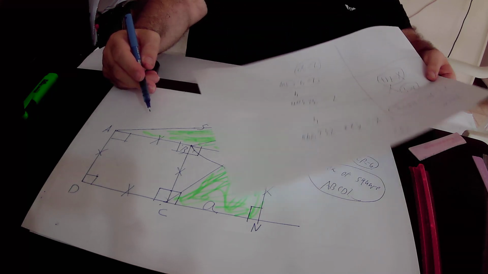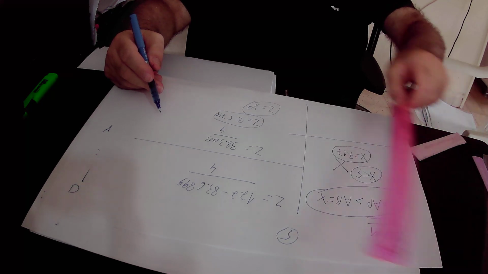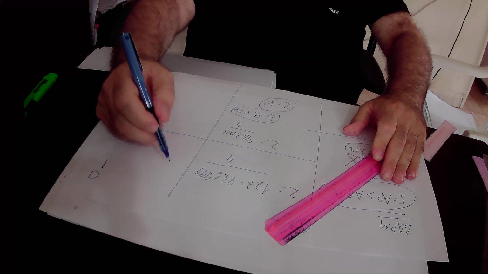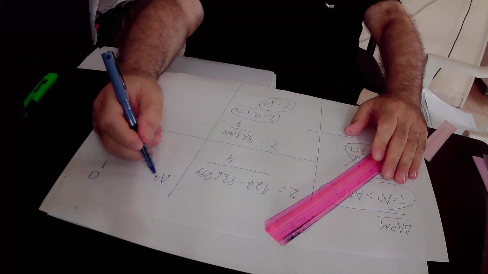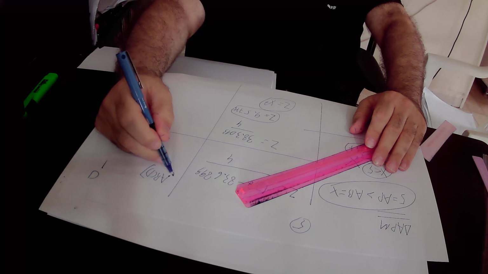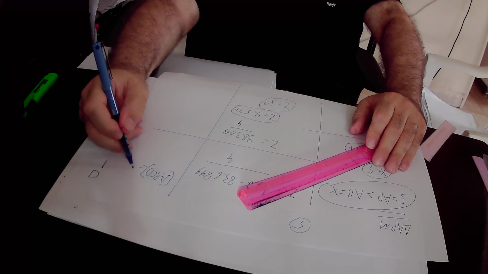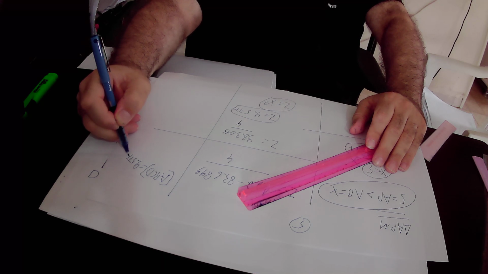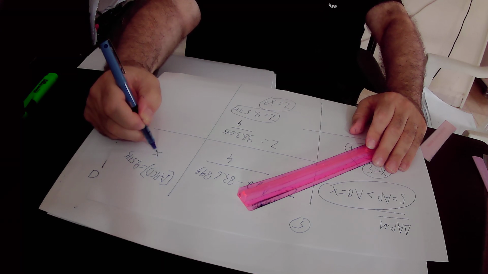Therefore, you can write down that the area of square ABCD is equal to 9.5775 square units.